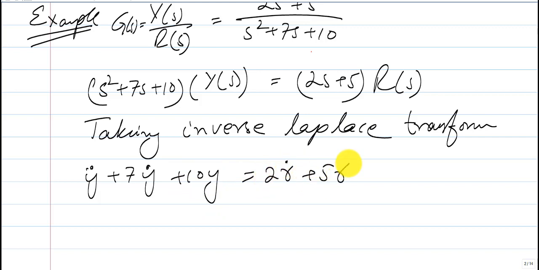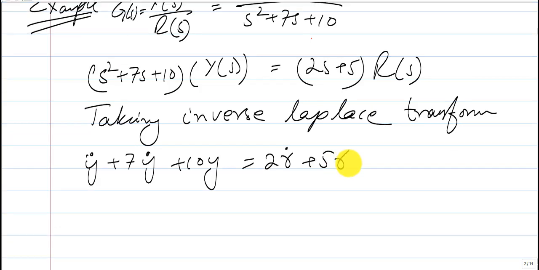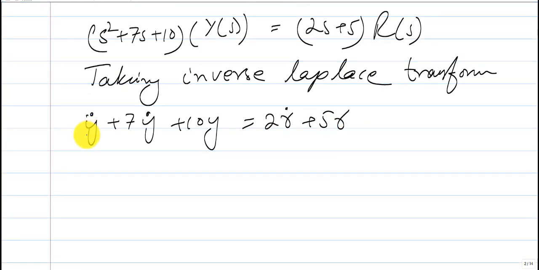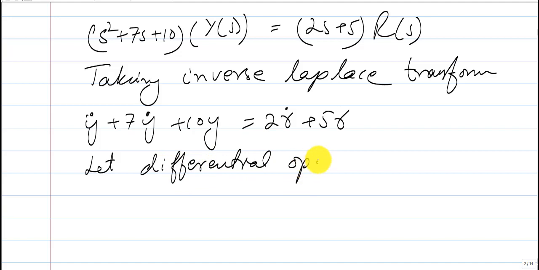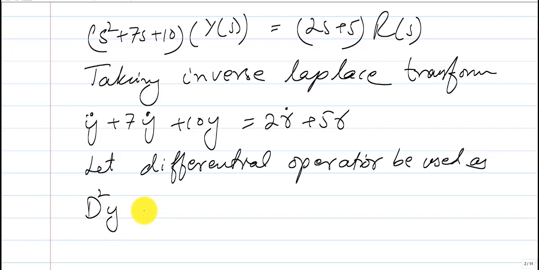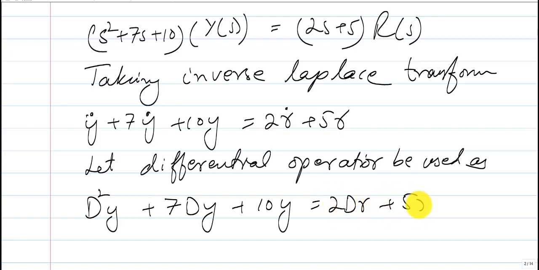We will use an operator to describe the derivatives in this equation. Let D be the differential operator, so that it becomes D²y plus 7Dy plus 10y equals 2Dr plus 5r.